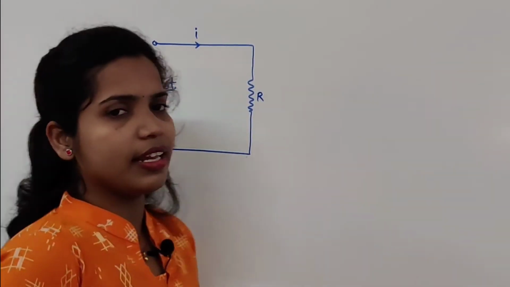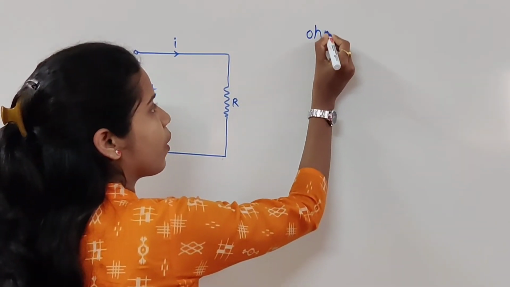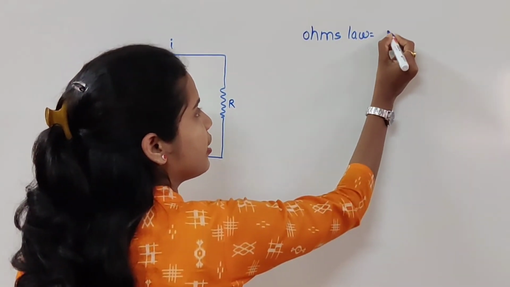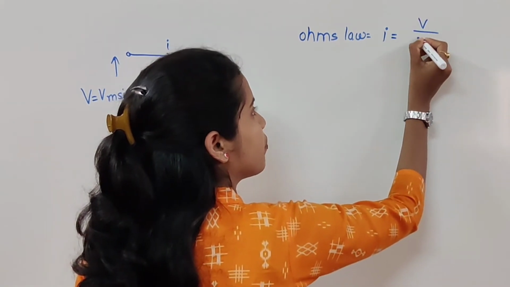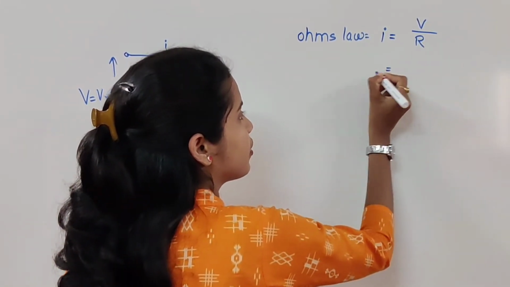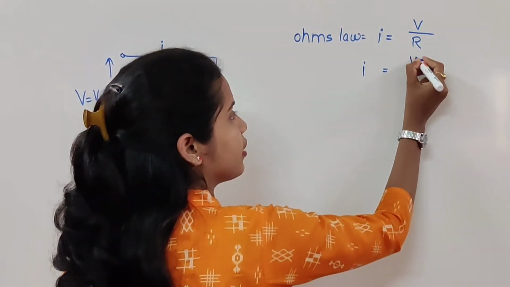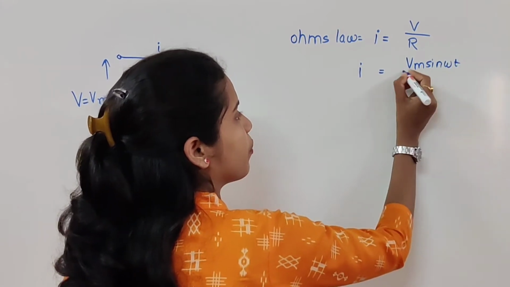We have to analyze the purely resistive circuit. If we apply Ohm's law, I is equal to V upon R.